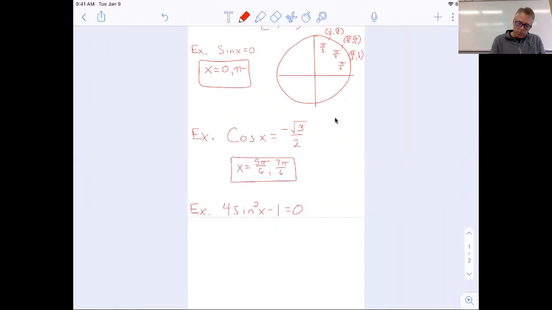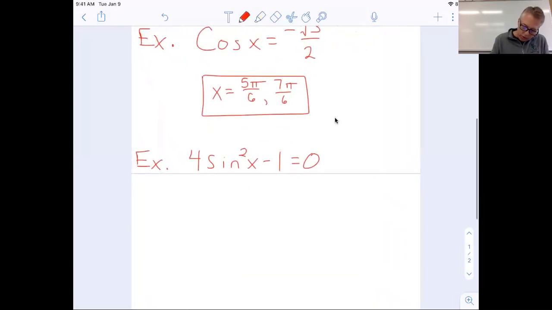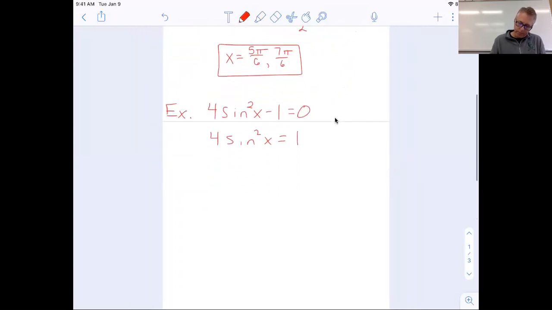All right, so, using a little algebra, we're trying to solve for x, so we've got to get that part by itself. So the first thing I'm going to do is move the 1 over by adding 1 to both sides. So I have 4 sine squared x is equal to 1. Then I'm going to divide both sides by 4. So I have sine squared x is equal to 1/4.